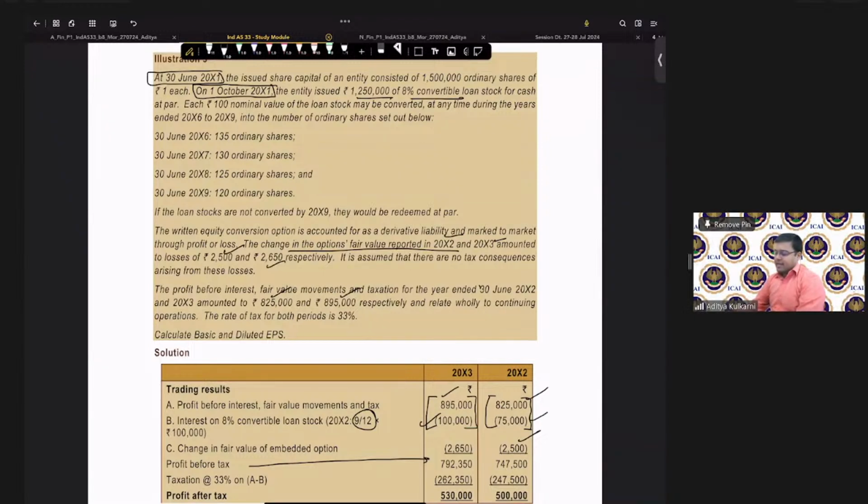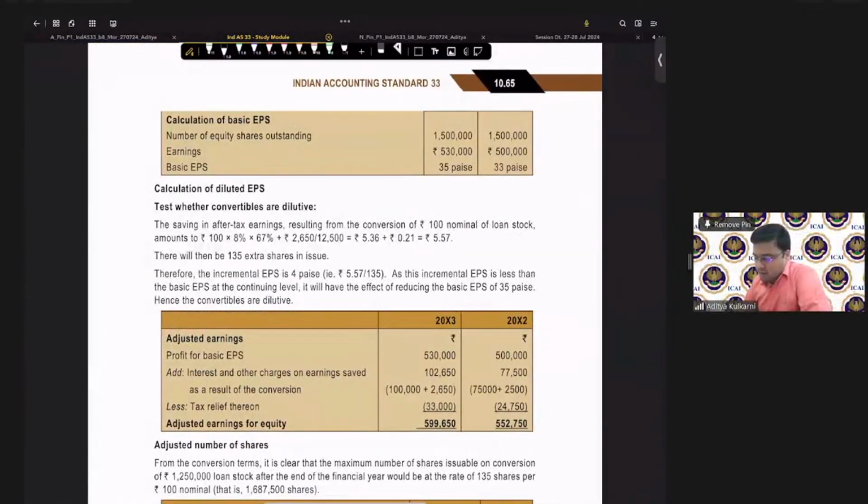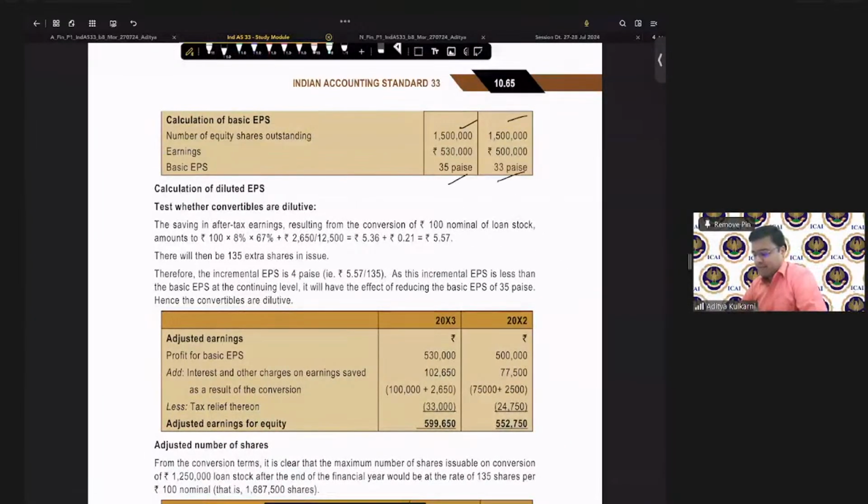So 8,95,000 minus 1 lakh into 33% gives 2,62,350, which is your tax for the second year, and 2,47,500 is your tax for the first year. So 5 lakh and 5,30,000 is your profit after tax. And the number of equity shares outstanding is the same, 15 lakhs and 15 lakhs. So 35 paise and 33 paise.